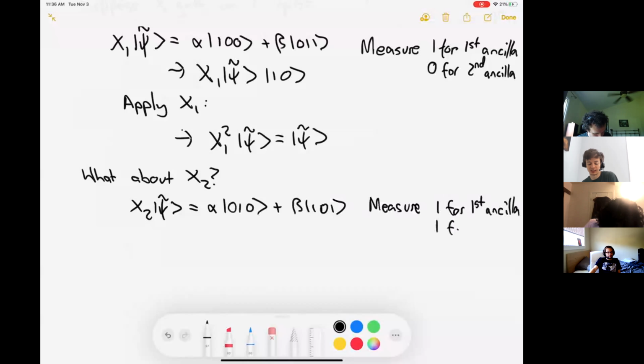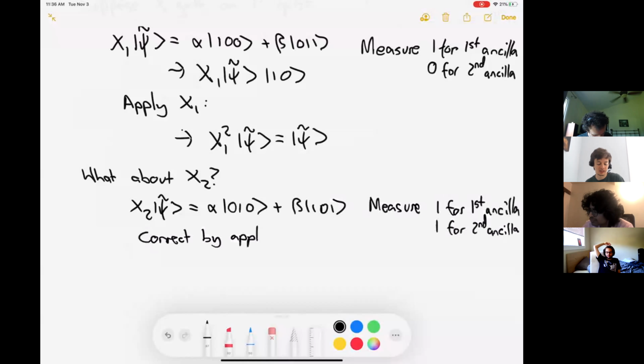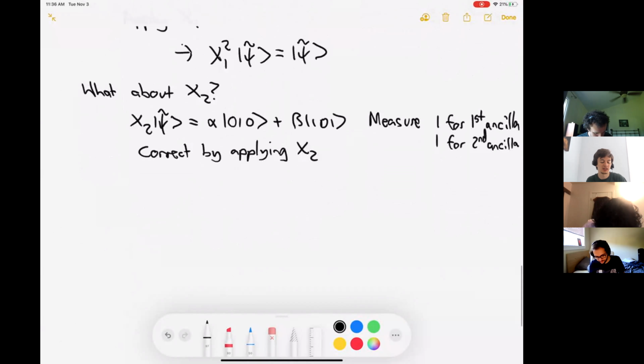And 1 for the second ancilla, because the last two qubits are also different from each other. And then we can correct the state by applying another x2. Okay, so if we get 1 in each of the ancillas, then we know the rule is that we have to apply an x2 in order to correct the state, x to the second qubit.